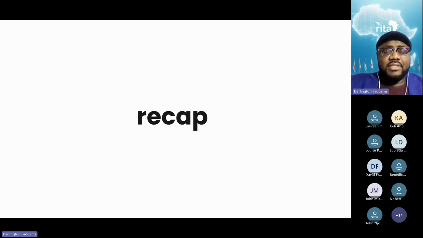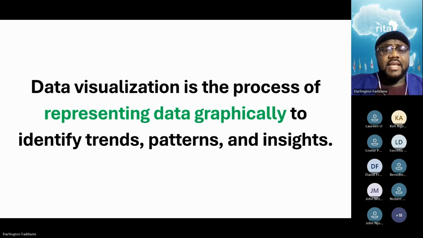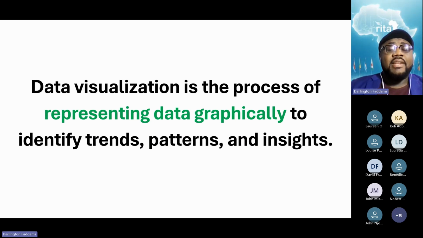Before we begin, I'm going to take a quick recap and mention that data visualization is a process of representing data graphically. Last week, I showed you a video where data was put in a paragraph of text. And so it was in a passage form.